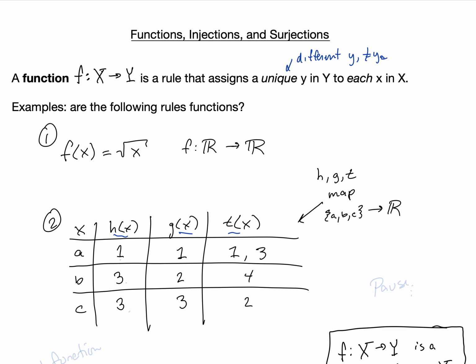For example, h of A is 1, h of B is 3, and h of C is 3. So are any of those three functions, and if so, which ones? I would like you to pause and think about that, and we'll talk about it in a moment.